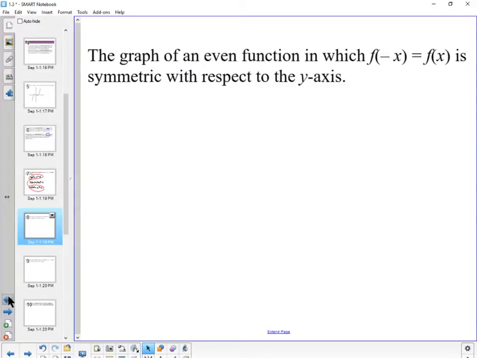I think we need more problems, right? Y is equal to x to the fourth minus x squared. Okay? Let's determine if this is even or odd. Go ahead and try that out. That's kind of easy to see. So the ones you have to worry about are the degrees. Okay?